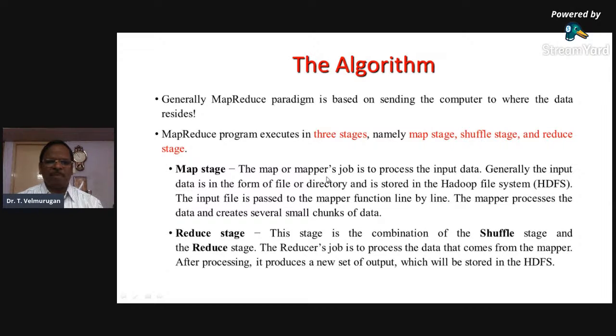The map stage, what is the map stage? The mapper's job is to process the input data. Generally, the input data is in the form of a file or directory and is stored in the Hadoop file system, HDFS. The input file is passed to the mapper function one line at a time.